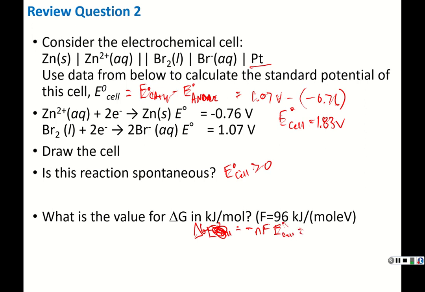So we can just plug in minus N, so N is 2, we're transferring 2 electrons here, F 96 kilojoules per mole times volts, and then the cell potential is 1.83 volts. So delta G in this case is equal to negative 351. So again, it's a negative value, and that's in kilojoules, so it is spontaneous.